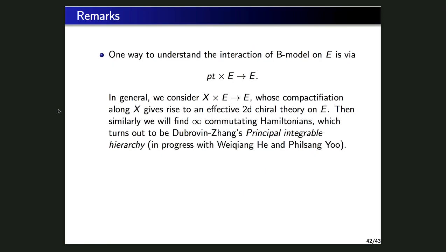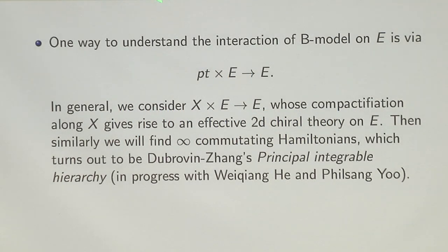So here's a remark. The way we understand this B-model and the integrable hierarchy is the following. We can understand this theory on the curve as a theory from a product space, a point times an elliptic curve. This is a rather trivial observation, but it is exactly this observation that for the point, we see the KdV integrable hierarchy. Now you can do something more general once you understand this calculation.